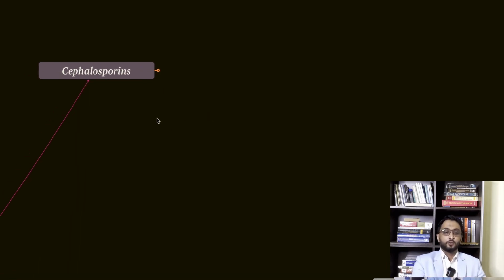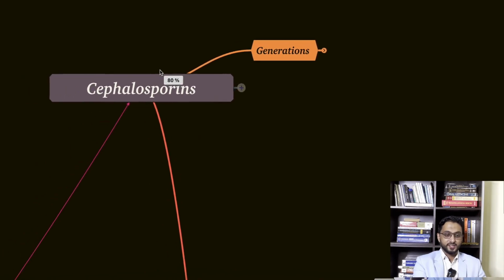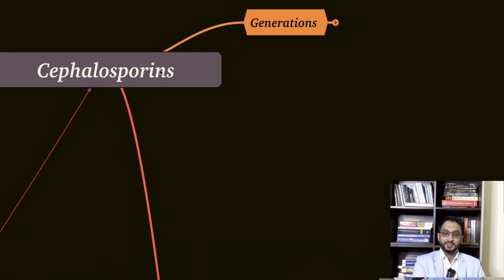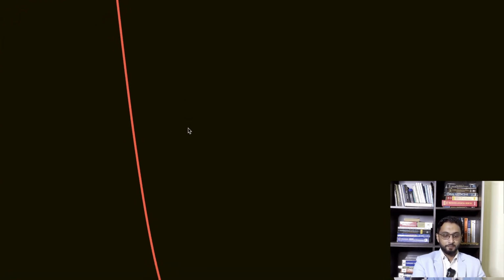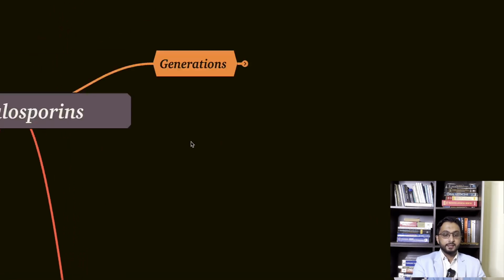Now, yes, cephalosporins: a few very important things to note, and it's an amazing thing to learn the generations. We're going to study some tricks today to learn them. The general characteristics are very important, as well as the generations. So we're going to study the short forms to learn the generations.